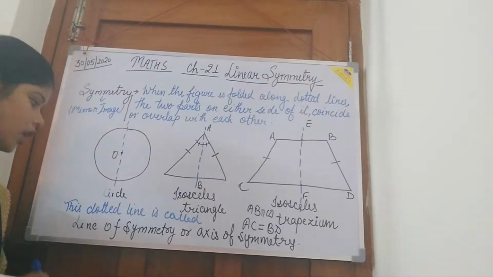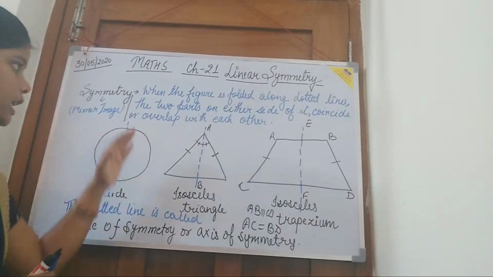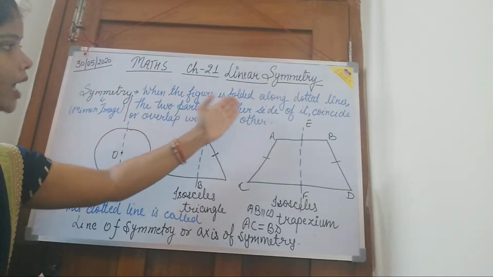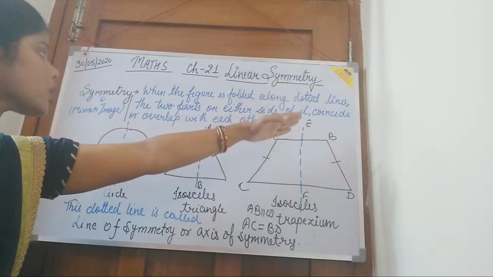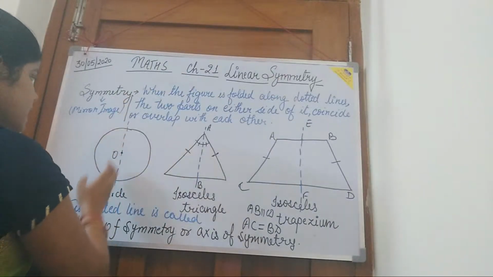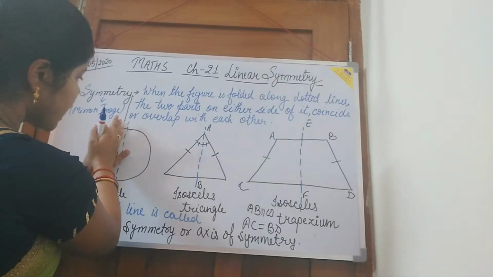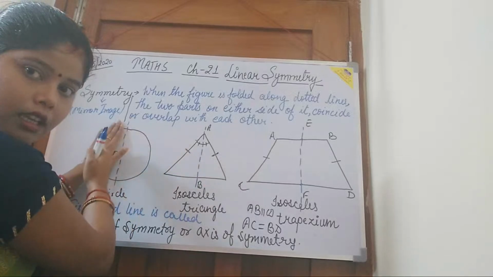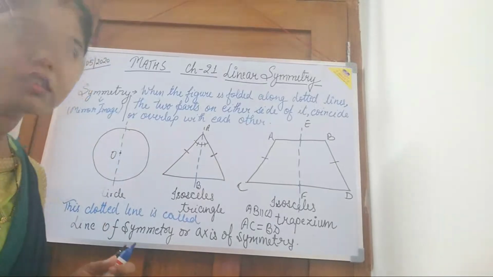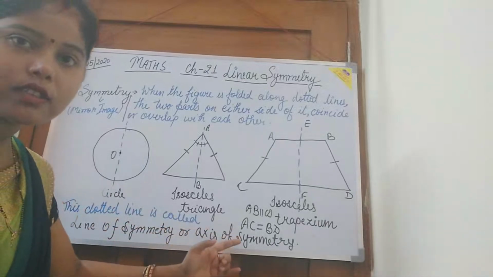I hope it is clear to you all: when the figure is folded along the dotted line, the two parts on either side of it coincide or overlap with each other. So this is how the two sides are mirror images of each other. If we hide one part and place a mirror, it exactly shows the other half of the figure. So this dotted line is called the line of symmetry or axis of symmetry.